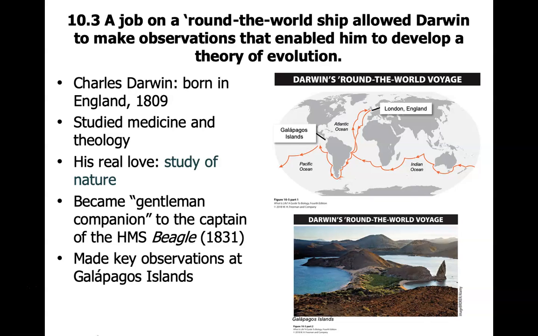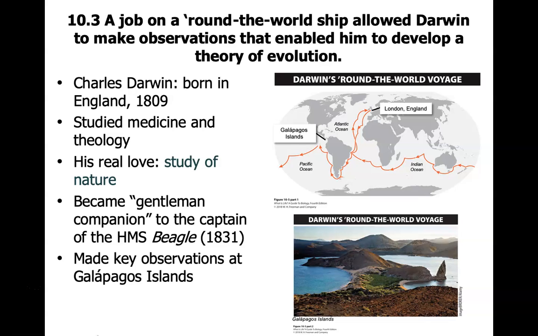Now, Darwin's most famous observations probably come out of the Galapagos Islands. So the Galapagos Islands are a chain of islands off of the coast of South America. And the Galapagos Islands were really important because islands are actually a very unique location because they are isolated from some of the other environments that are found on the mainland.